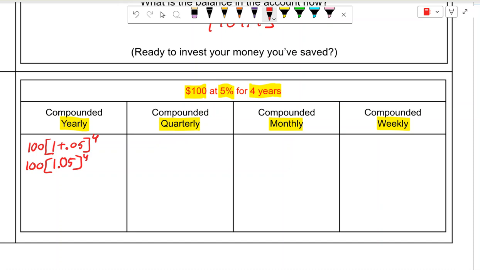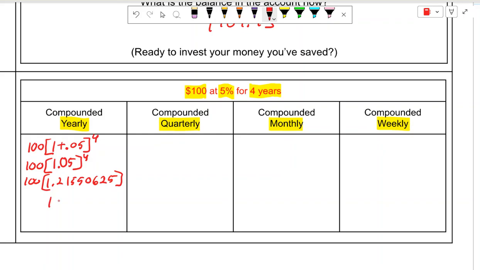So on your calculators, you put in 1.05 caret to the 4th power. And on my screen, I get 1.21550625. And I'm going to multiply that by 100, which just moves the decimal point over 2 times.